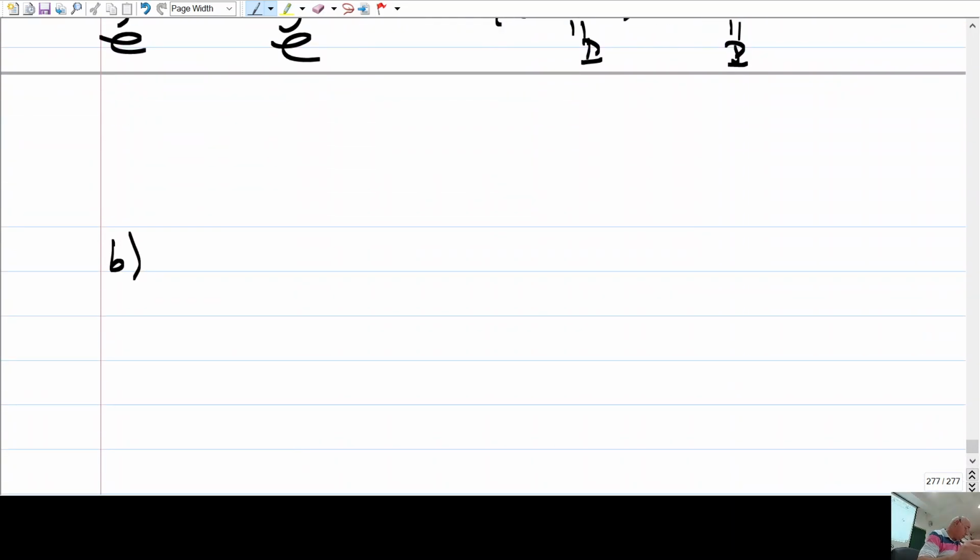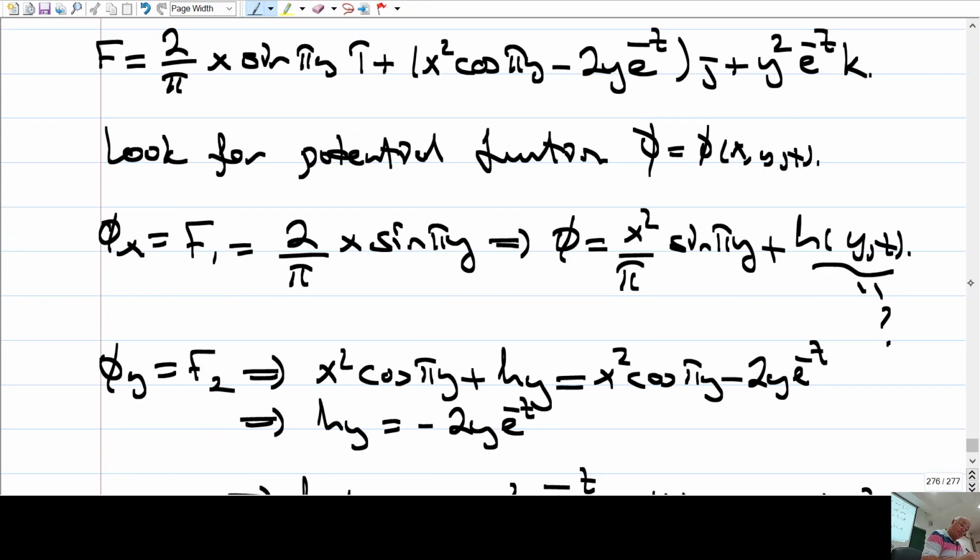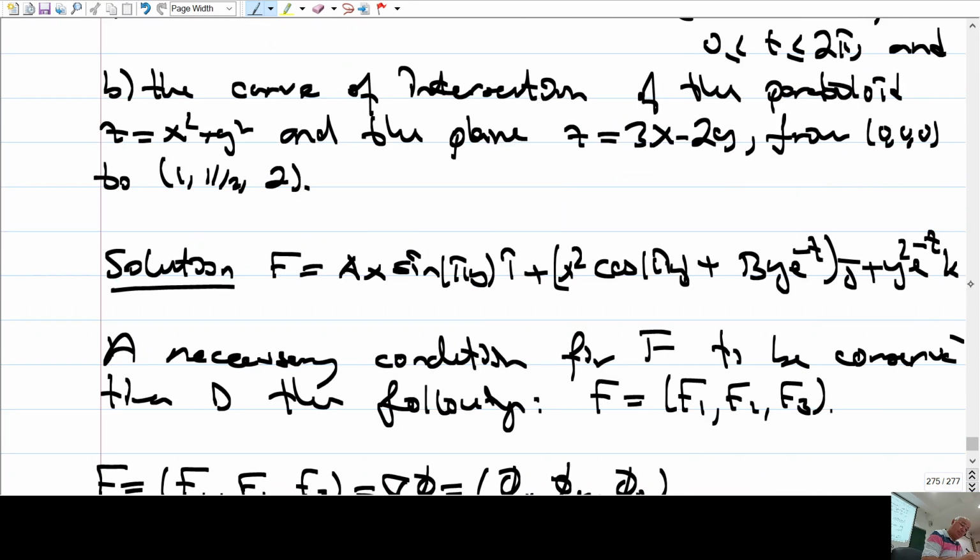Okay, for part B, it was this curve, the intersection of this paraboloid, x squared plus 4y squared, değil mi? Öyleydi. Bunu yanlış yazmışım. X squared plus 4y squared olacak. Özür dilerim.